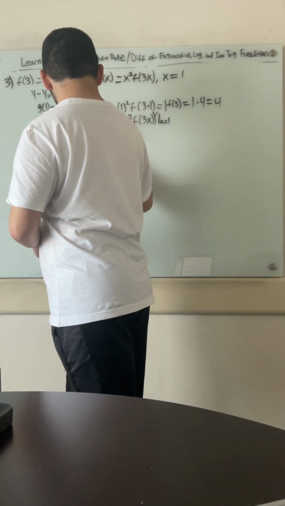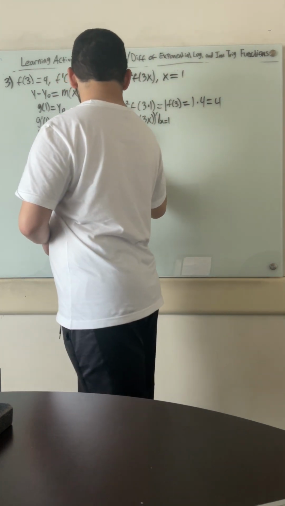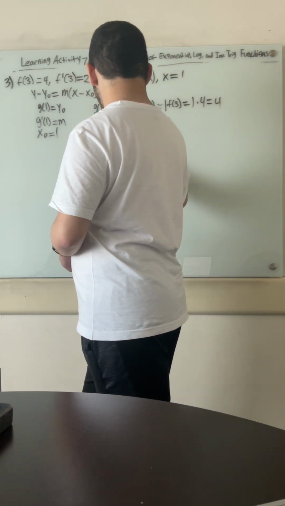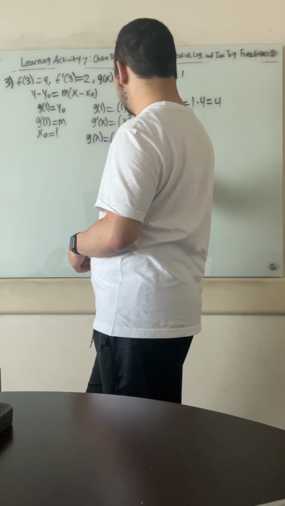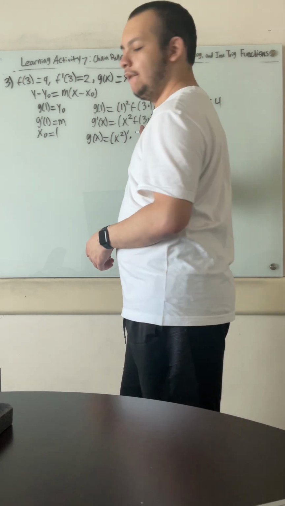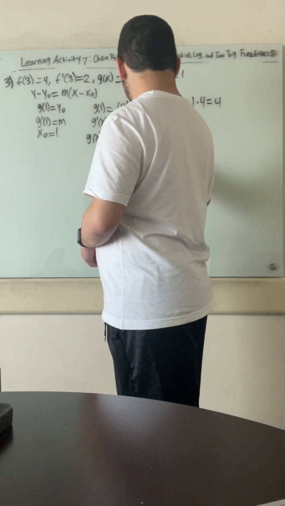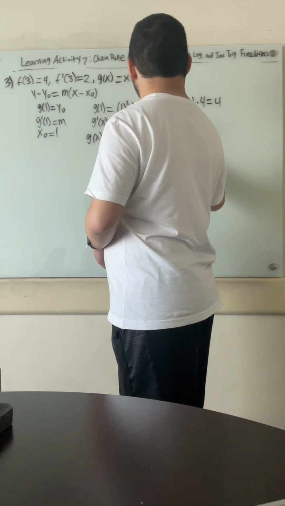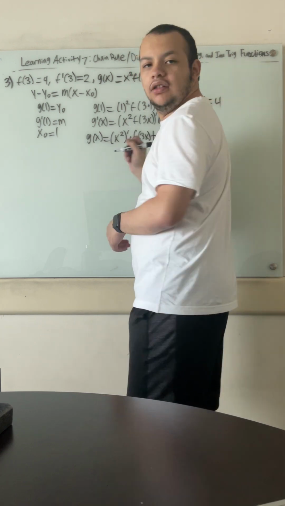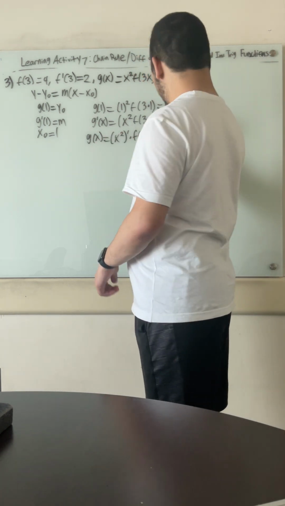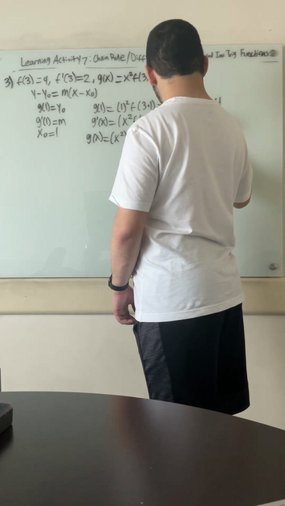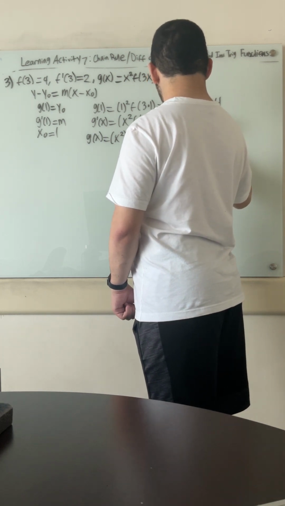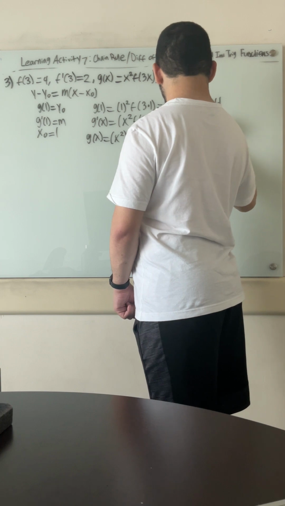So we have g prime of x is equal to the derivative of x squared times f of 3x, plus x squared times the derivative of f of 3x.